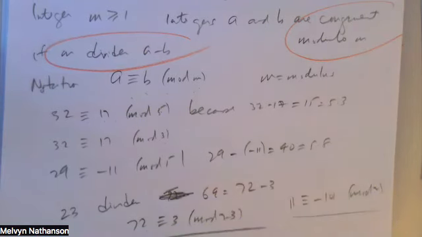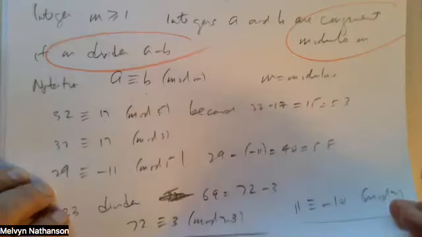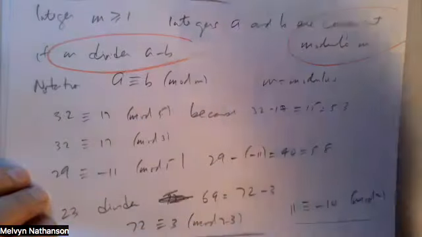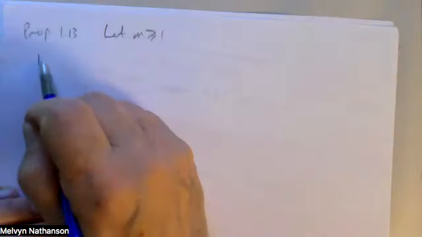And congruences are fundamental in mathematics, and they satisfy a lot of simple properties. So in the text, this is Proposition 1.13. So m is a positive integer.